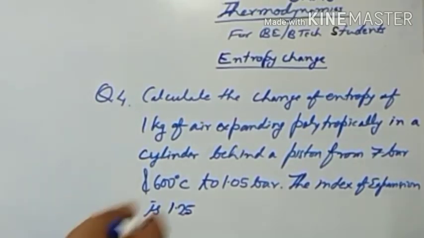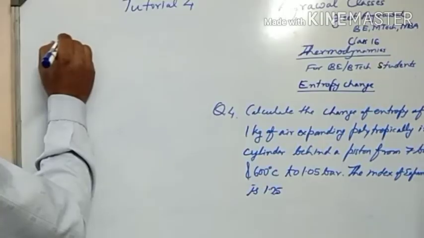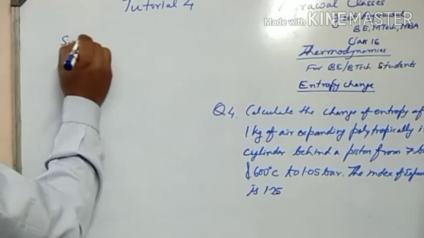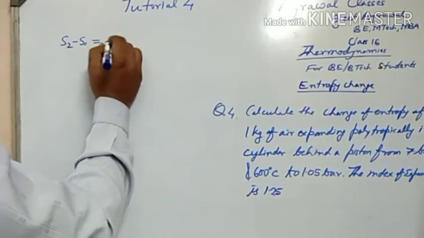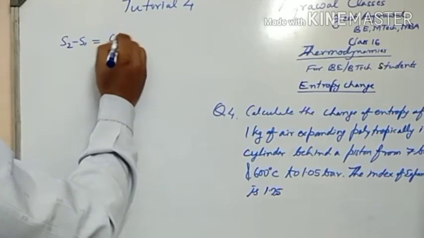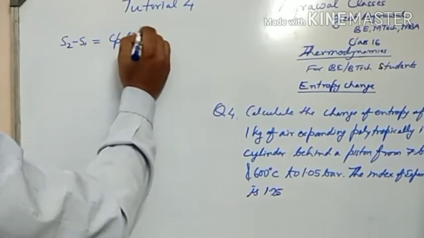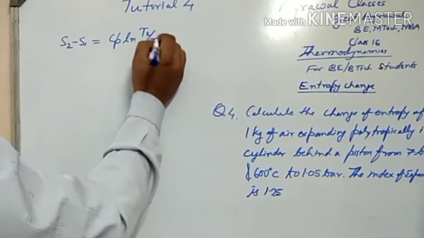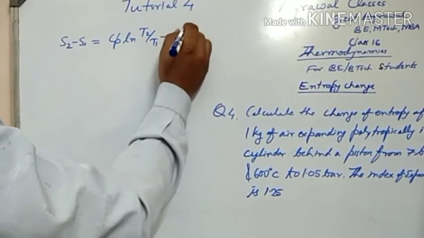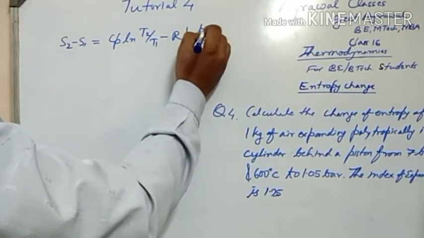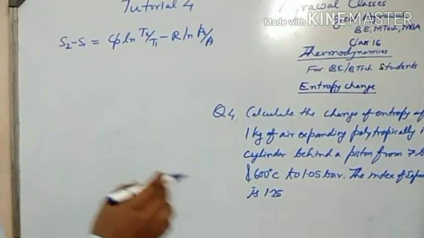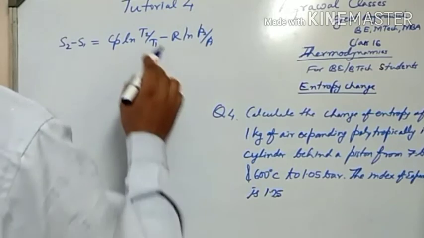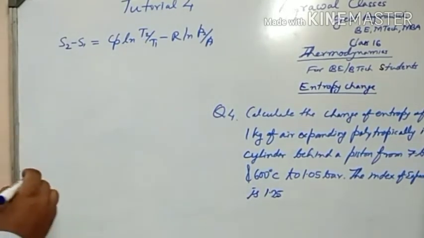This is a polytropic process, so we will use the general formula for change in entropy which we had derived: S2 minus S1 equals Cp log of T2 upon T1 minus R log of P2 upon P1. In this equation, we know all the values except the temperature T2.